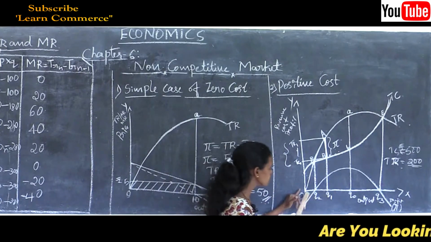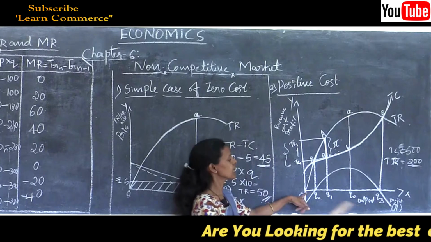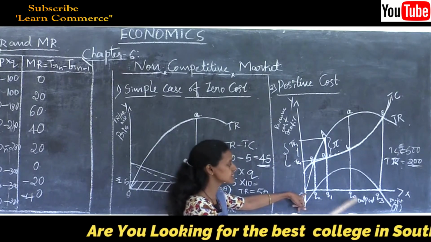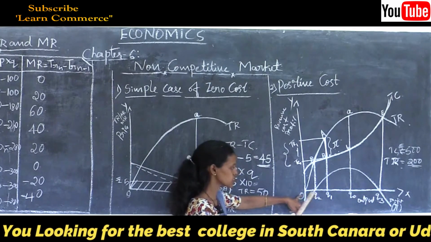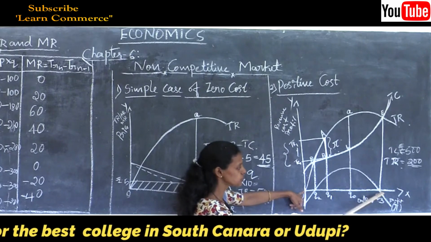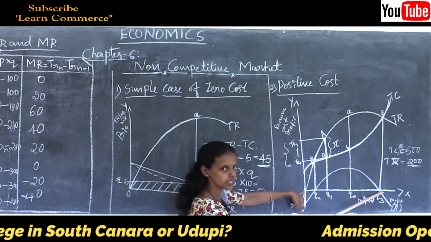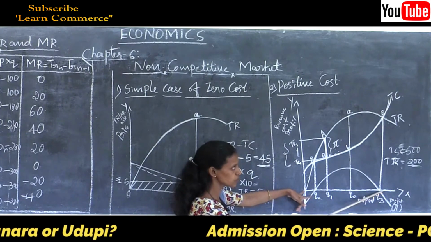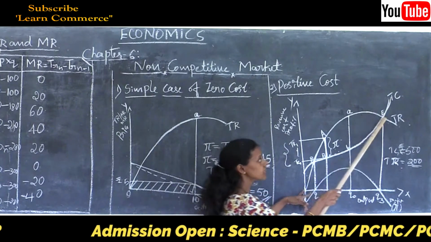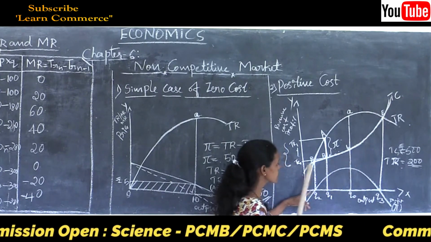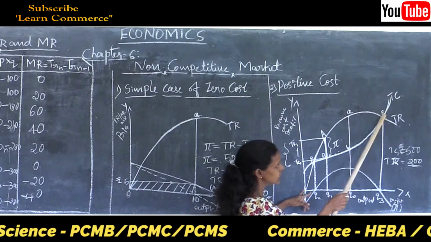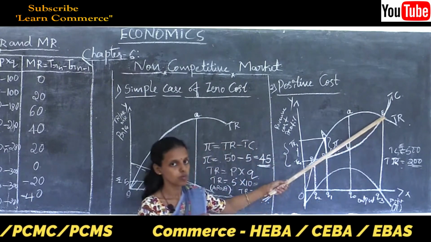So, with the hope of getting maximum profit, it is again going to increase the quantity of production, that is, the Q3 level of output. At the Q3 level of output, the TR and TC curves intersect at point E. It is an equilibrium point.